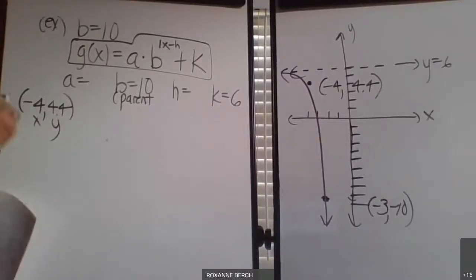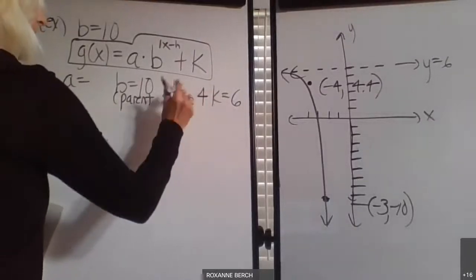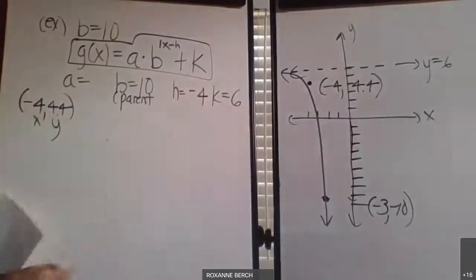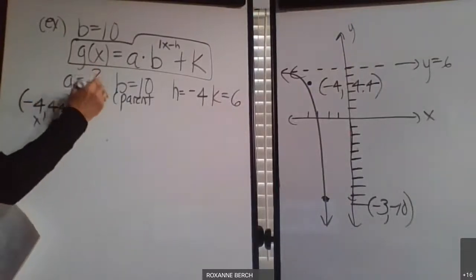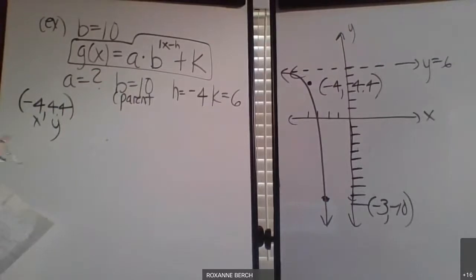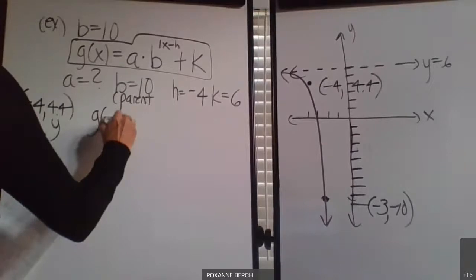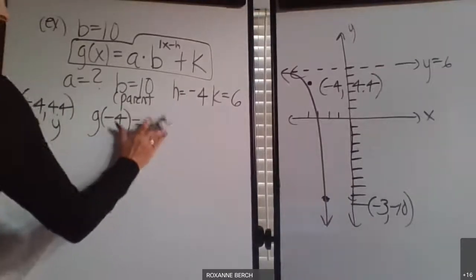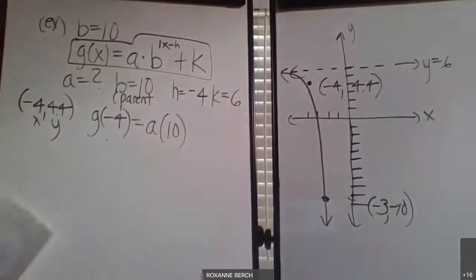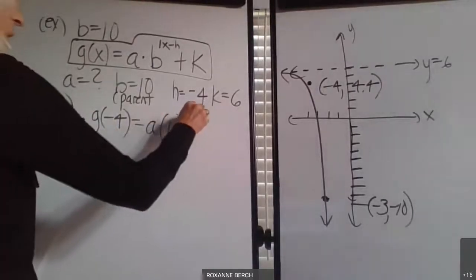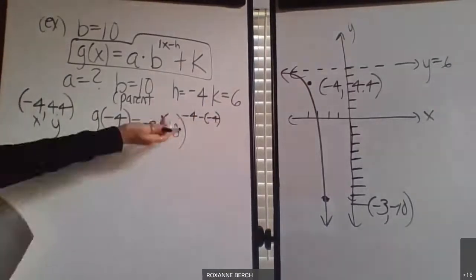Pay attention. You're going to let h be -4, which is the x value, and we're going to find a. So we have g of x, g of -4 is equal to a times the parent, and we're saying x is -4 minus h. So once again, see what I forced?